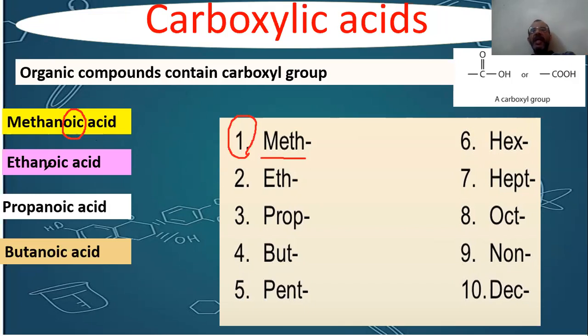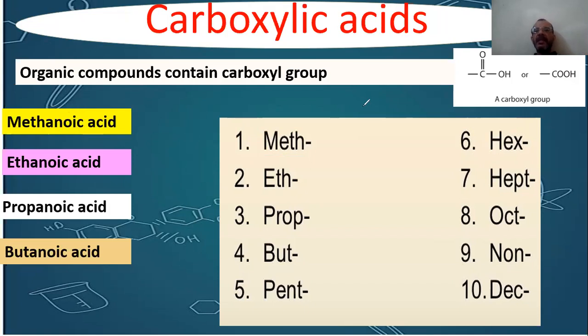Ethanol for alcohol, ethanoic acid for acid. So once you hear eth, it means 2 carbon atoms. Once you hear prop, it means 3 carbon atoms. If it is an alcohol, we call it propanol. If it is an acid, we call it propanoic acid, and so on for all the acids.